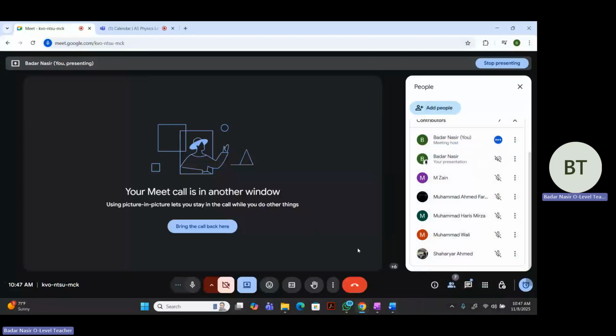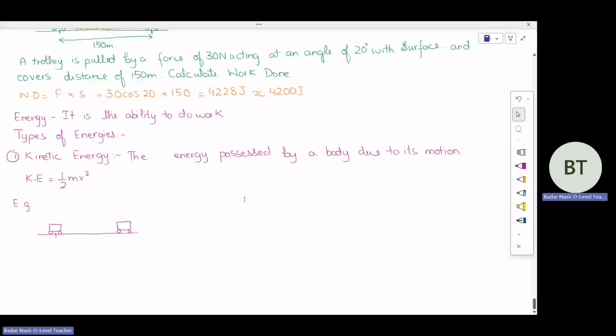Okay, so we have a car and this car is traveling from position A to position B. At point A, गाड़ी की जो initial speed है, let's say it was 20 meter per second. And when it reaches the point B, the final velocity of the car is 55 meter per second.